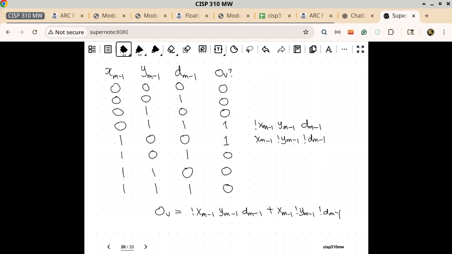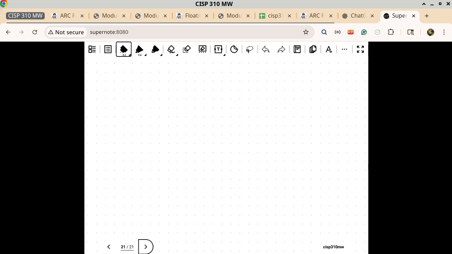But that's not the answer that we are looking for. It is a part of the answer, because ultimately we want to know whether x is less than y. Overflow is something that we need in order to figure out whether x is less than y. So now we need another truth table. The next truth table has d subscript m minus 1, and now we have overflow.